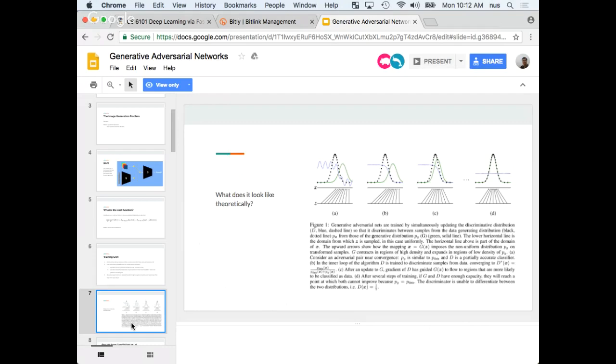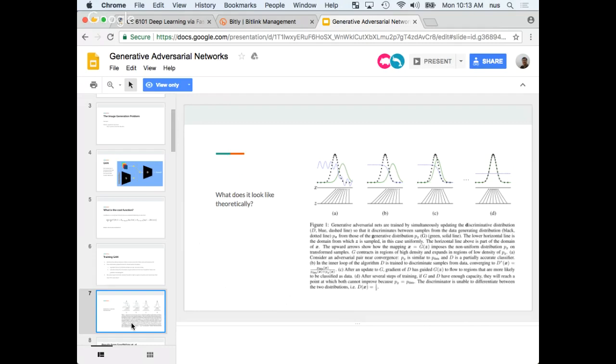So if you see at the bottom, there's a line saying Z, and above that there's X. So Z, like I mentioned, is the initial random code vector. So you're sampling from this sample space of uniformly distributed variables. You're mapping it to this space of images, which is your X. And the probability distribution of your real data is the black dotted line, and the generated data is your blue dotted line.